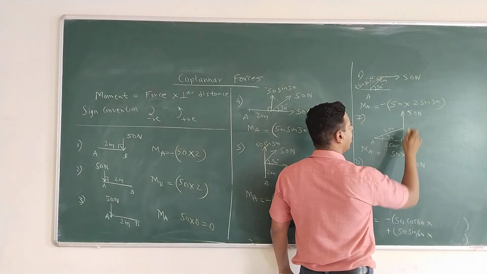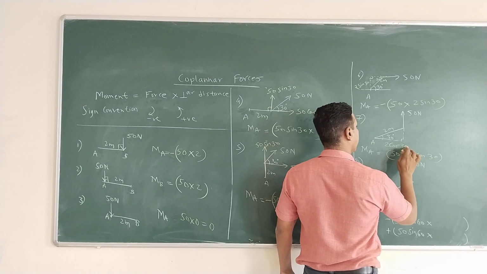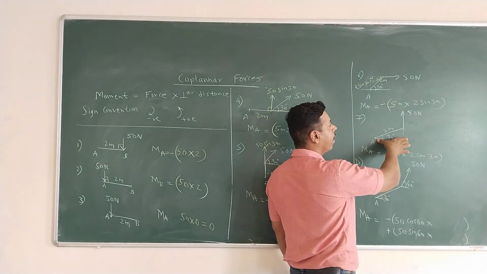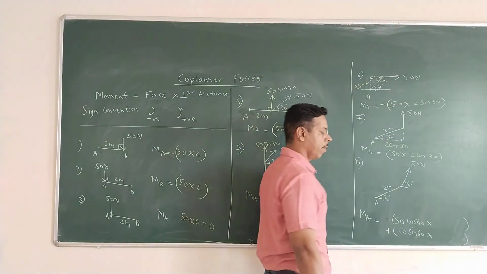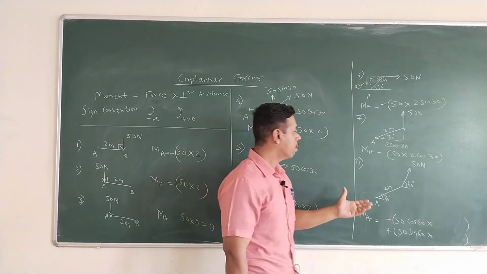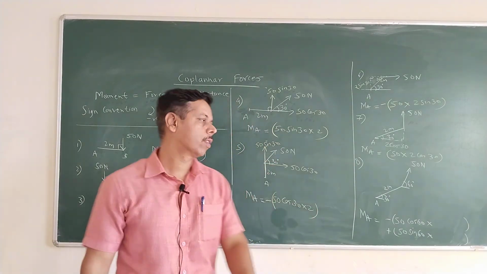So moment will be force into perpendicular distance 2 cos 30, and how is it going? Fixed finger is at A, this is the moving finger, force is traveling in anti-clockwise direction, so it is positive. So the first 7 moments are there in your syllabus. If you solve this 8th moment, you will score in Coplanar forces.